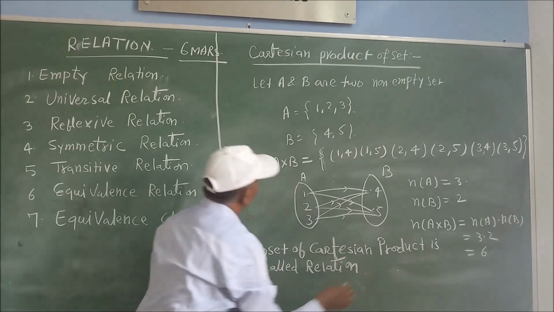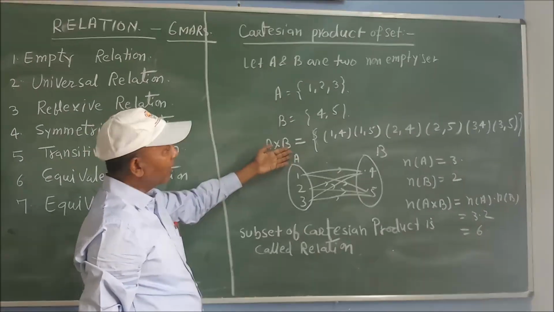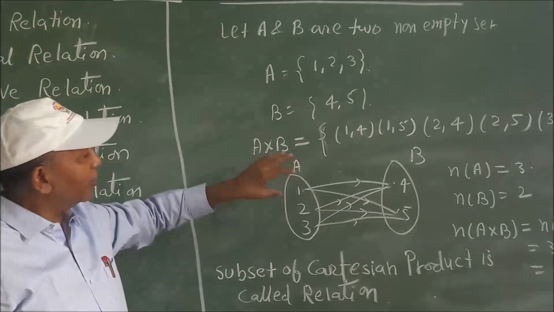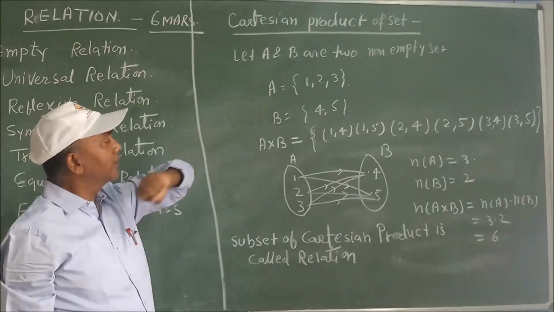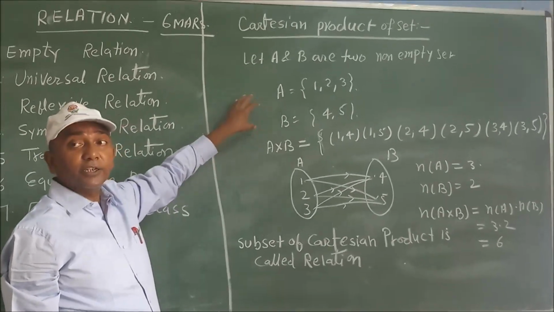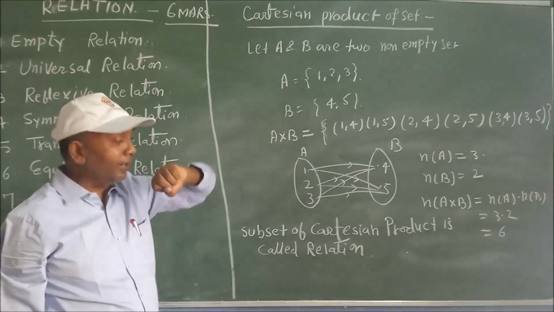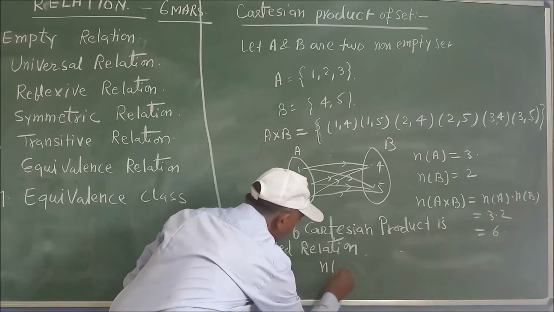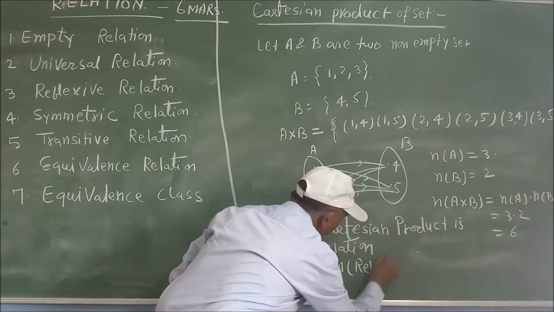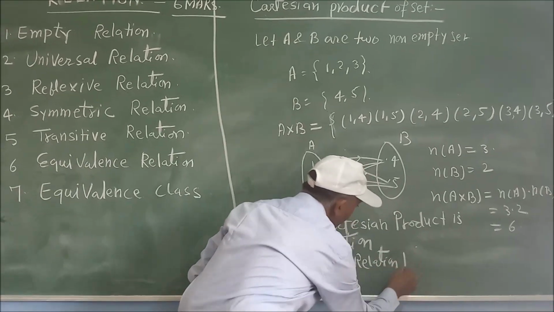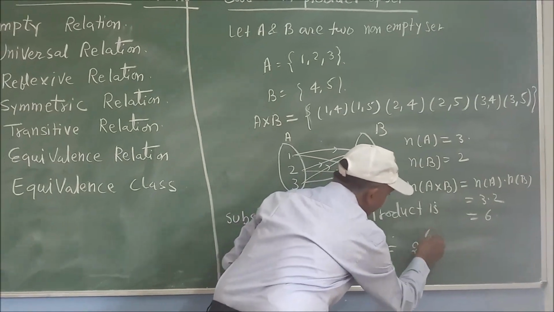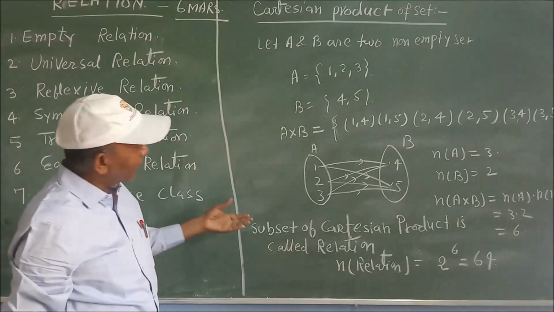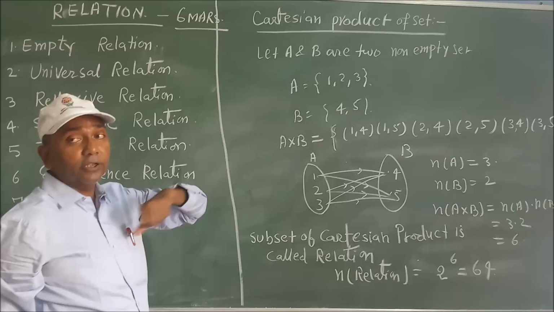So how many subsets of this A cross B? In power set, if a set has n elements, then its power set will have 2 to the power n elements. So total number of relations will be 2 to the power 6. So you can make 64 relations among the Cartesian product.